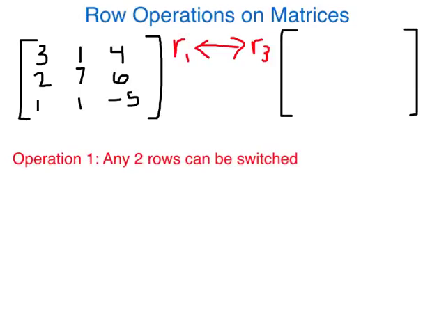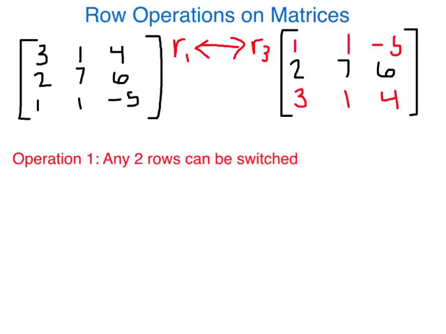So I'm not actually changing row 2, so the 2, 7, 6 will stay there. And then we are going to switch whatever row 1 and row 3 are. So row 3 becomes row 1, and row 1 becomes row 3. So we're just going to switch the two rows.